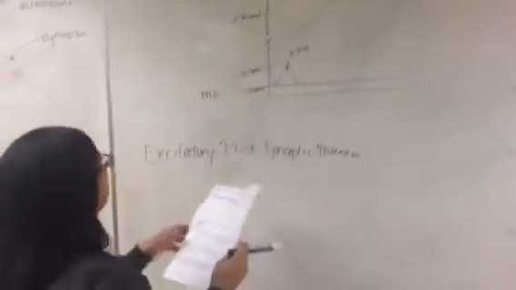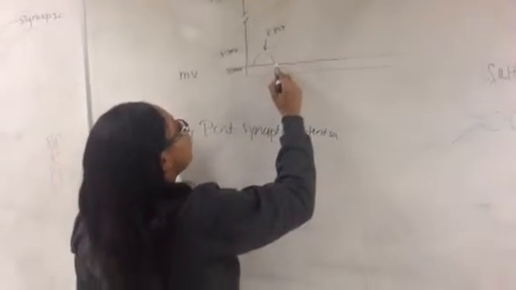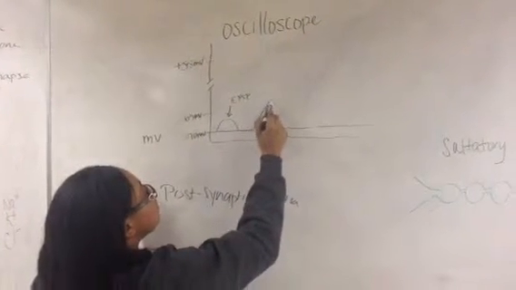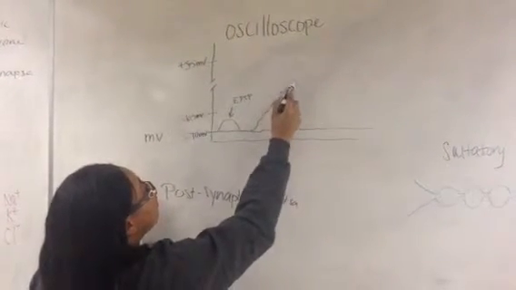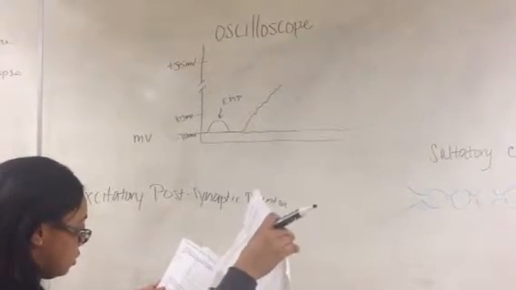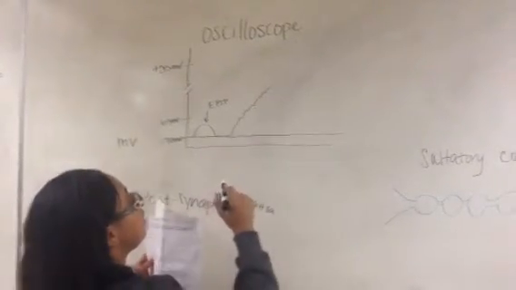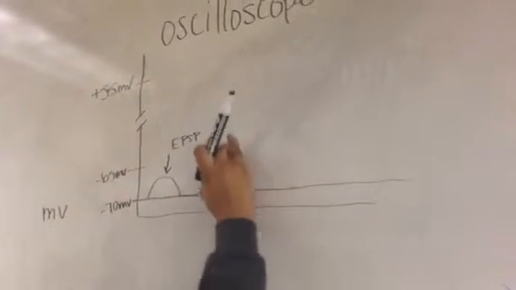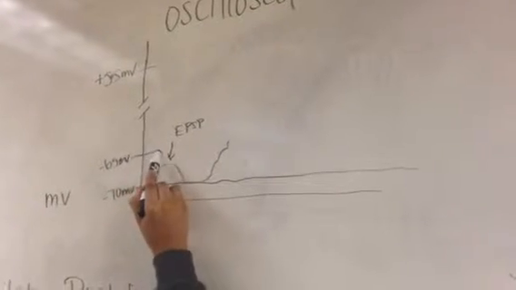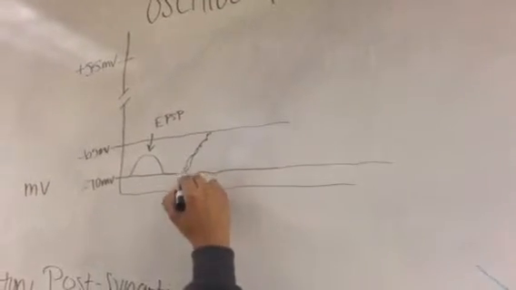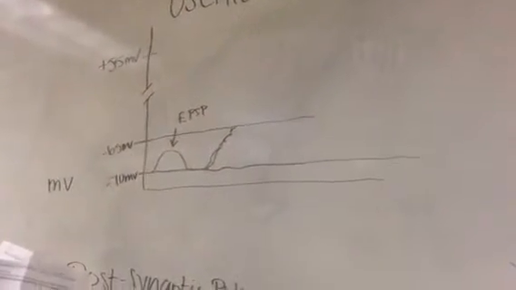So sodium keeps flowing into the cell, and eventually a bunch of EPSPs begin to build up. This buildup of EPSPs is called summation.